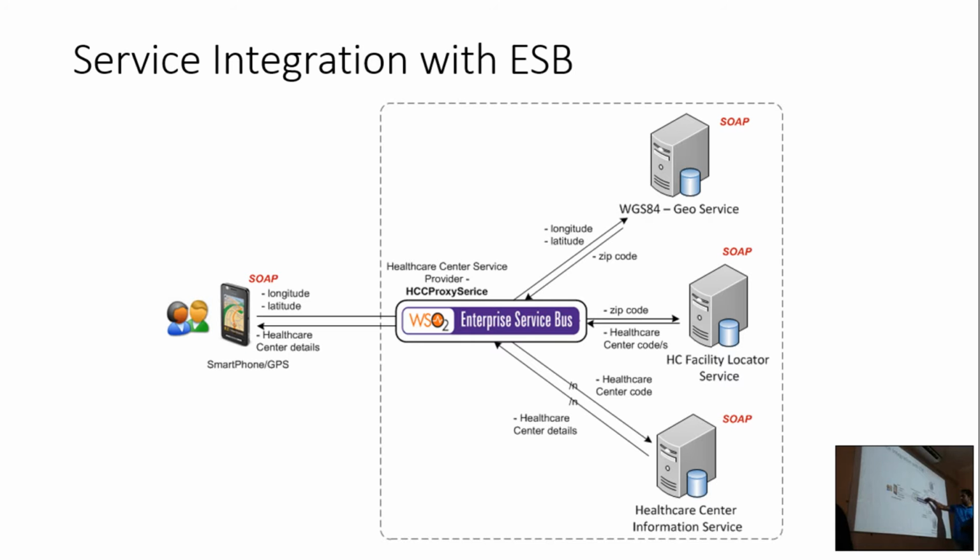From the ESB, it will decide whom to talk to and how to talk. You don't need to worry about that. It gets the information and returns it to the service bus. From the service bus, again it talks to the next required service and gets the details. Likewise, it ultimately returns the required healthcare center details to the client.